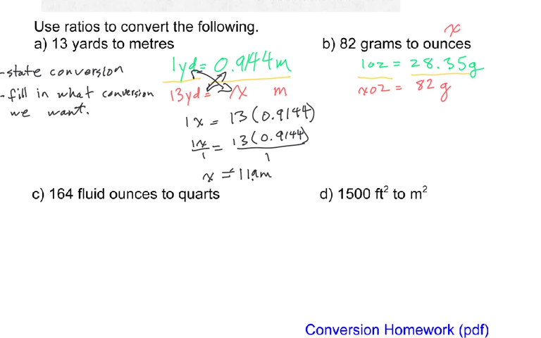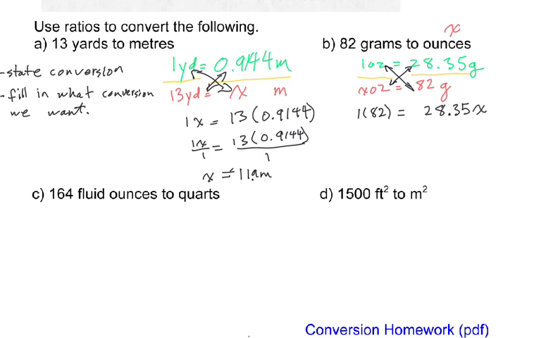Then we're going to make sure that we see what our cross multiplication values are going to be. So now we show them. So we have 1 bracket 82 times 28.35x, and that's because these two go together and then these two go together based on the cross multiplication.